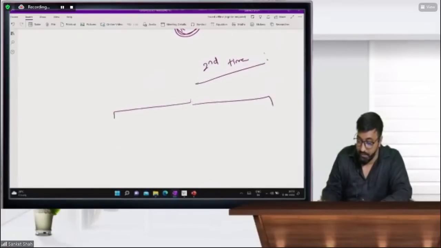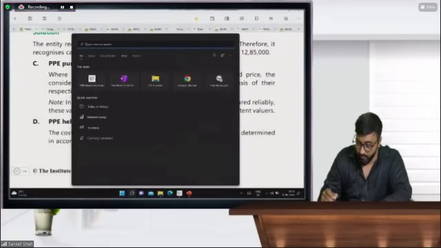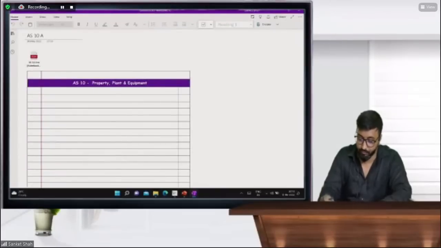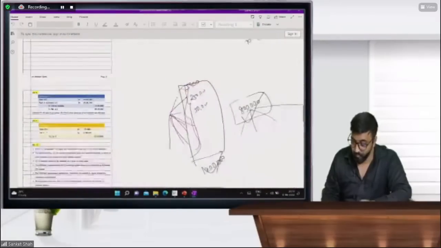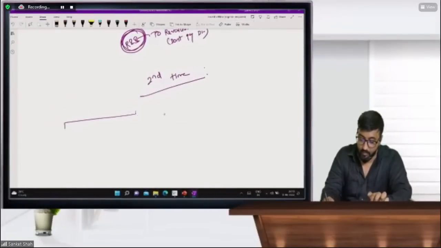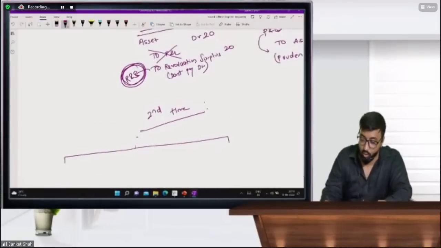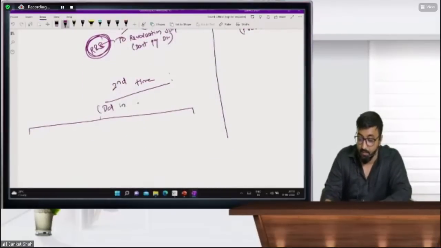We will assume three cases. First time it is 20 rupees. So I will go with this upward revaluation case. The balance in revaluation surplus is rupees 20.